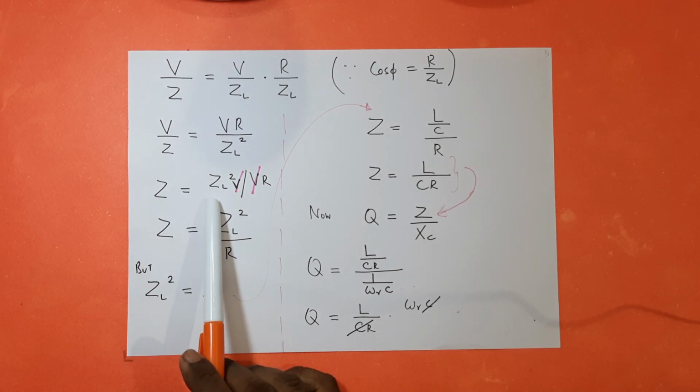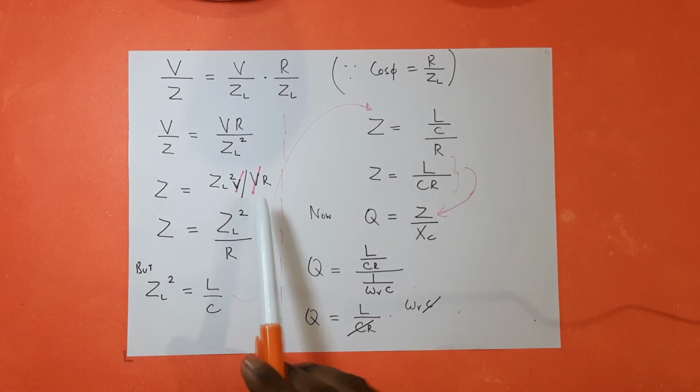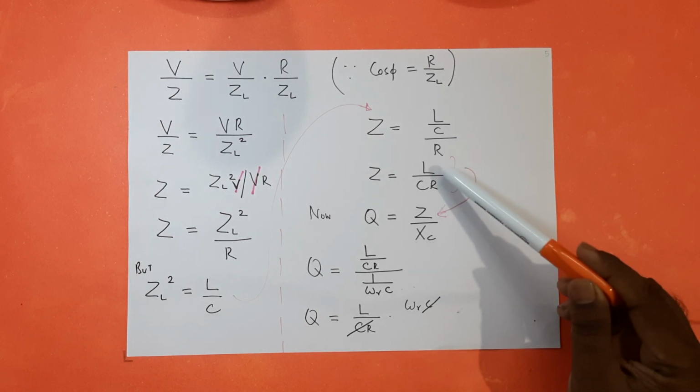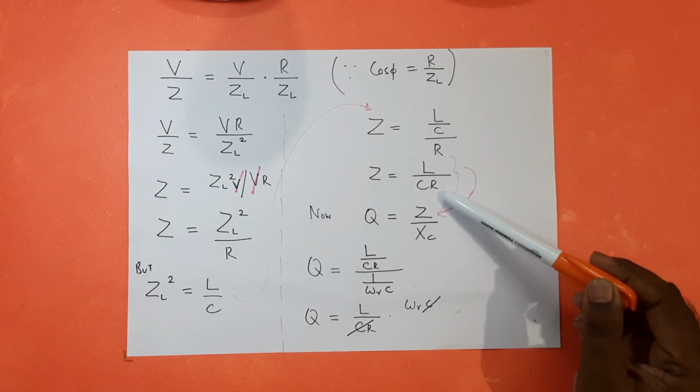So you get ZL square V divided by VR. So this V getting cancelled. So Z, that is the total impedance or circuit impedance, equal to ZL square divided by R. We have already seen ZL square equal to L by C. So substitute this here, Z equal to L by C divided by R. So Z equal to L by CR.